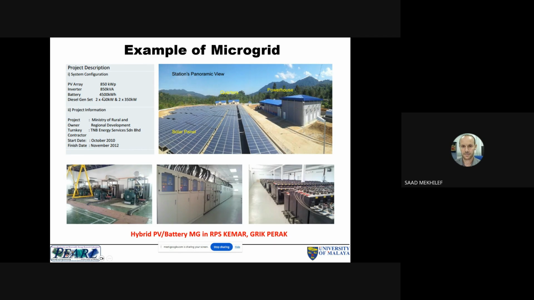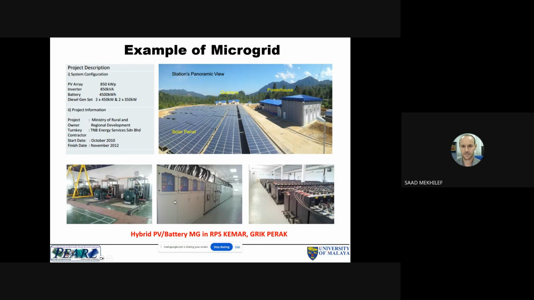The battery is 4,500 kilowatt hour. There are 4 sets of diesel generators, 2 of them 450 kilowatt and 2 of them 350 kilowatt. These were developed under the Ministry of Rural and Regional Developments, started designing in 2010, and the design finished in 2012.